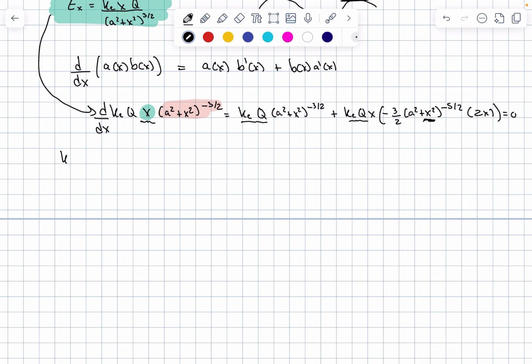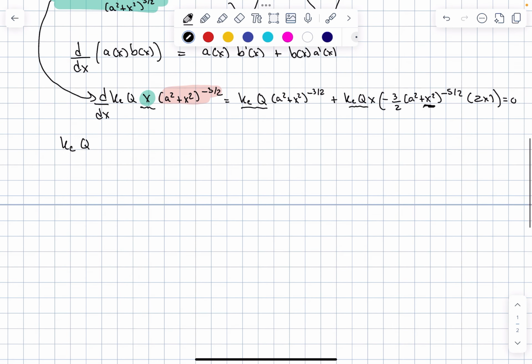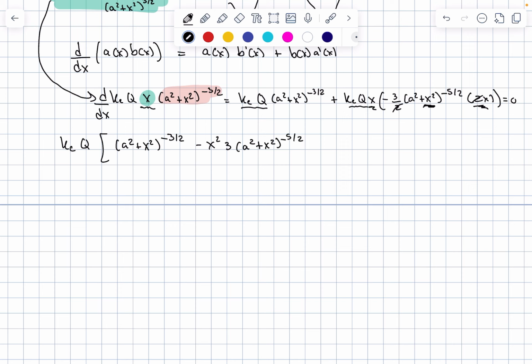What I mean by that is, k_e Q are common in both terms, and then we're going to have (a squared plus x squared) to the power of negative 3/2 plus x times, here we have an x and an x, so that's going to be x squared. The 2's cancel with the 2's, and we do have a negative sign here too, so we have negative x squared times 3 (a squared plus x squared) to the power of negative 5/2, right?